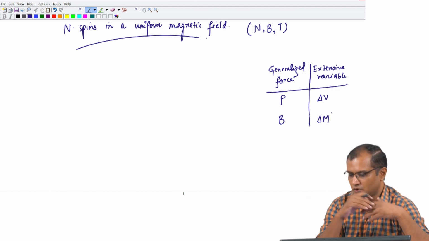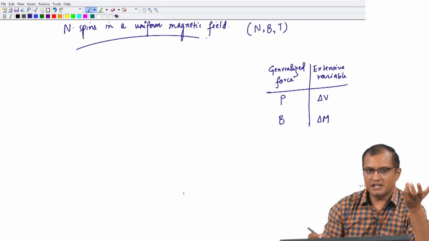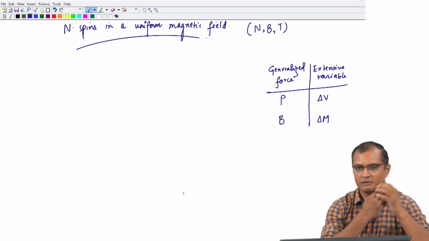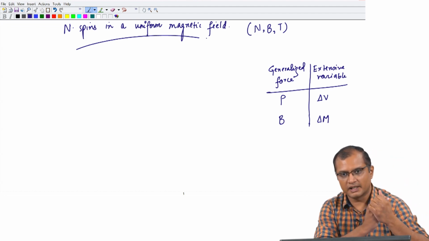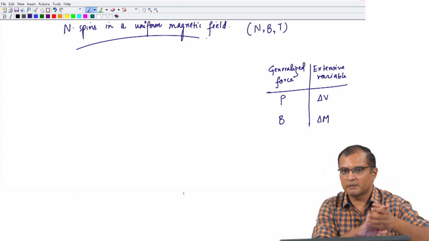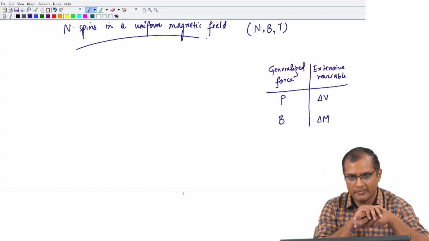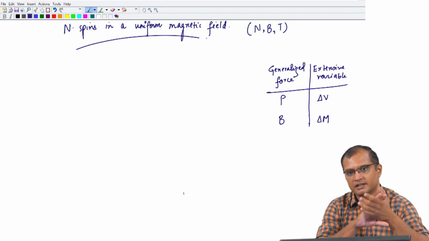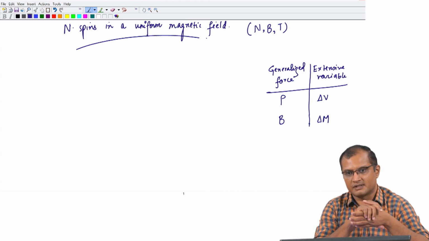Okay. So, again B is magnetic field which is not force, dimensionally it is not equal to force, and neither is magnetization dimensionally equivalent to displacement, but the product of B into delta M has the dimensions of energy.